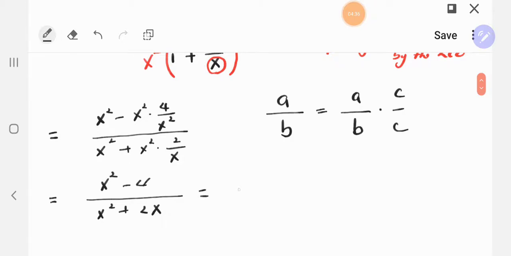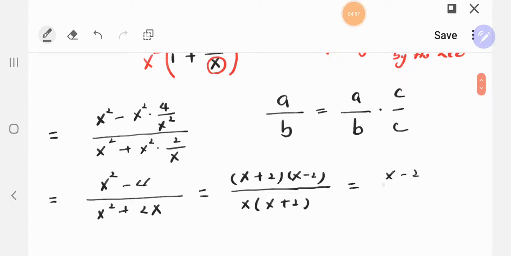Once you simplify, the numerator is a difference of squares, so it will be x plus 2, x minus 2. The denominator factors as x times x plus 2. Then we can cancel out x plus 2, so the numerator is x minus 2 and the denominator is x. This is the simplified fraction.